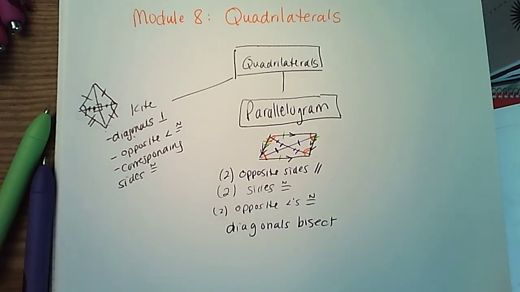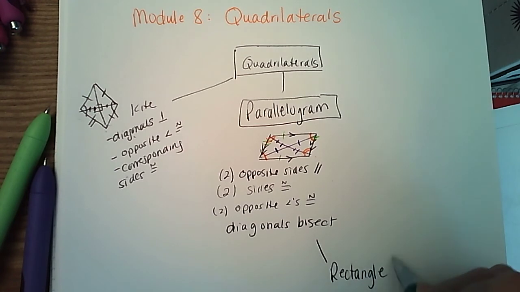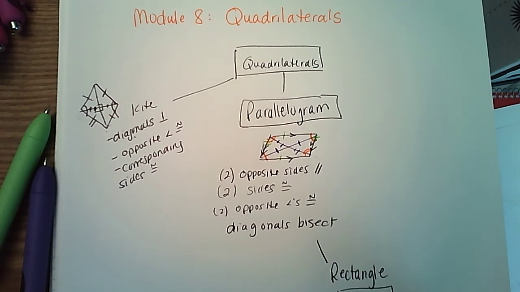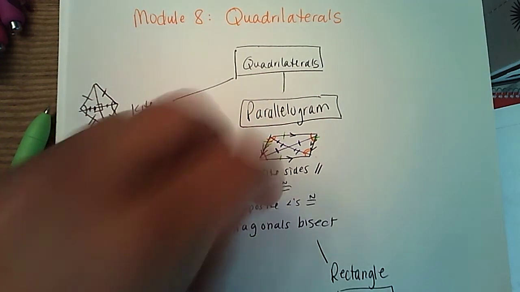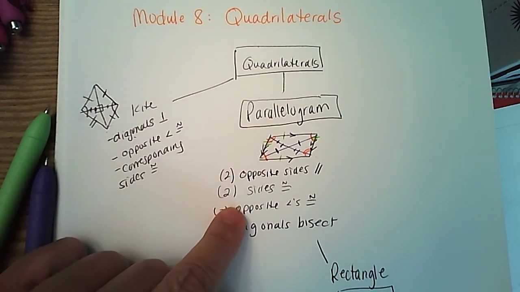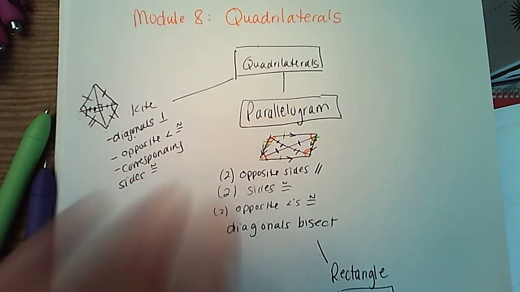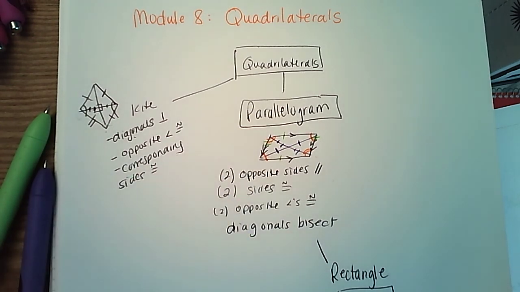it straight up, then you get a rectangle. So what's unique about our rectangle, and our rectangle looks like this, is he's got all these properties. He's got opposite sides parallel, opposite sides congruent, opposite angles congruent, diagonals bisecting. But he adds on another property.